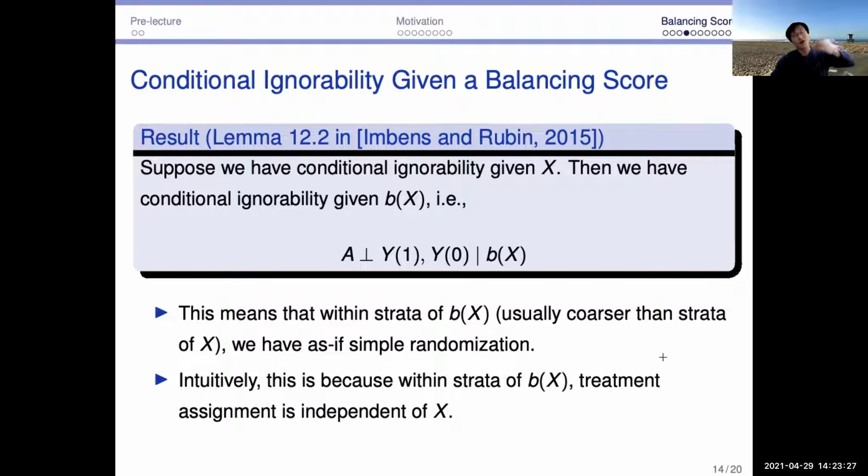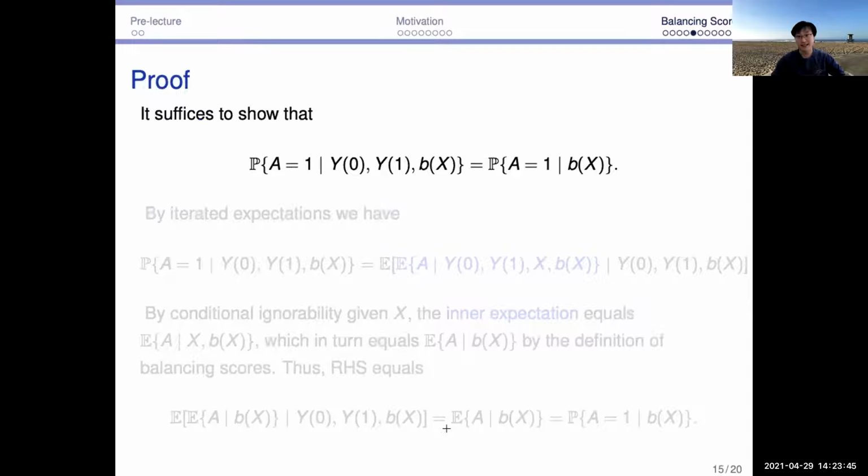Okay, so why do we have this conditional ignorability given the balancing score? Intuitively, it is because within strata of the balancing score, the treatment assignment is independent of X. So let's go through a simple proof of this result.